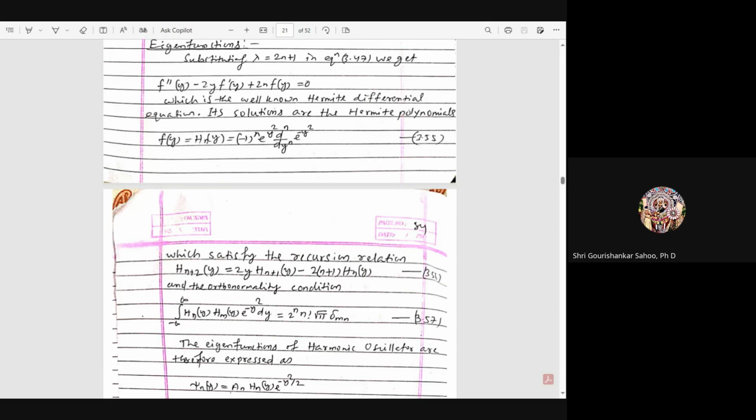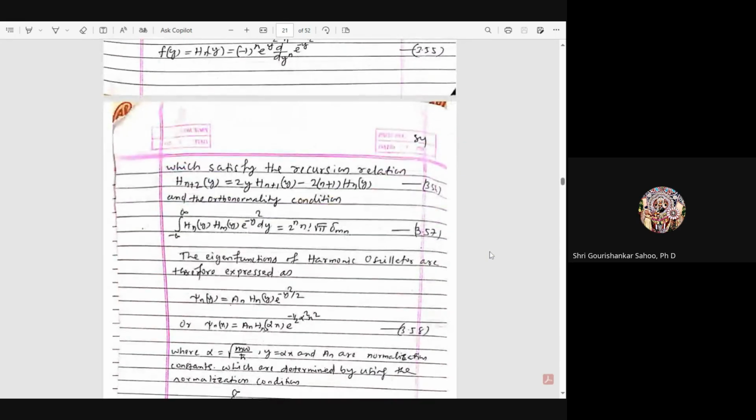So it satisfies the recursion relation H_{n+2} is equal to 2y H_{n+1} minus 2(n+1) H_n. And the orthonormality condition, as I told you in my mathematical physics class during your Hermite differential equation, integration from minus infinity to infinity H_n H_m e to the power minus y square dy is equal to 2 to the power n multiplied by n factorial root over pi delta_mn.